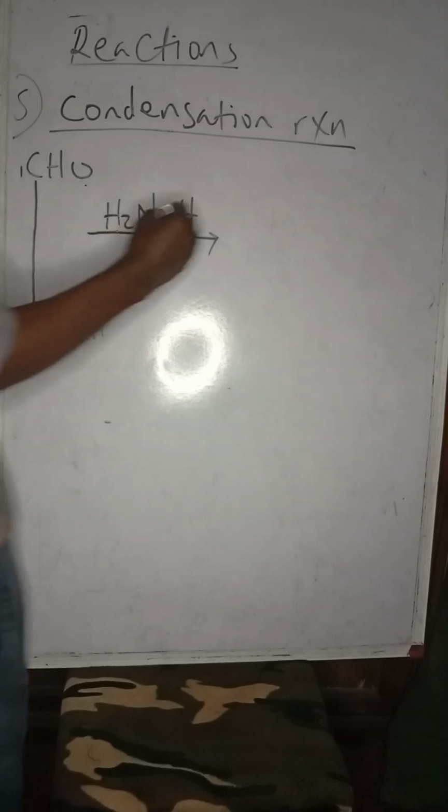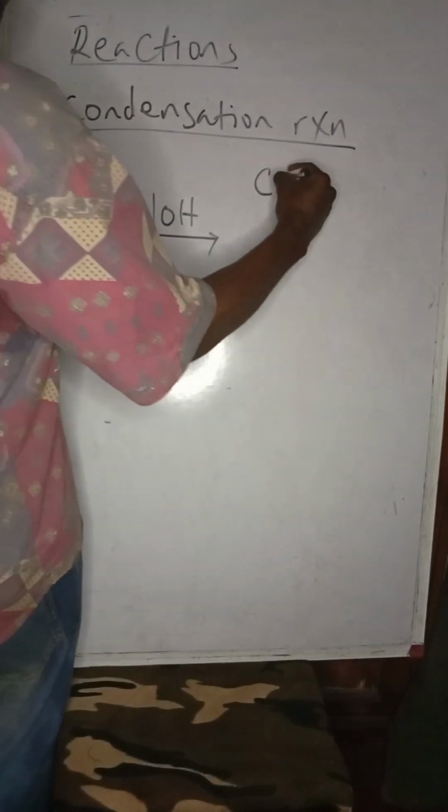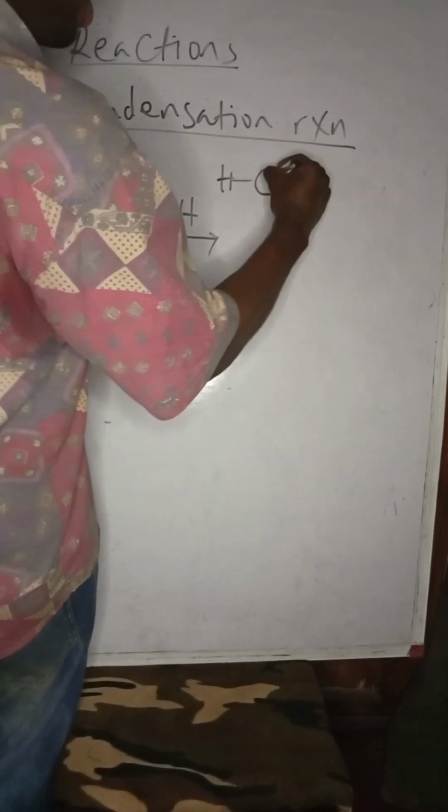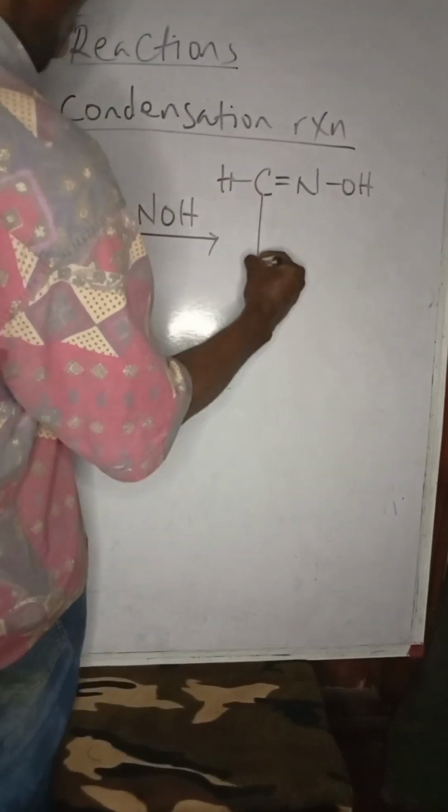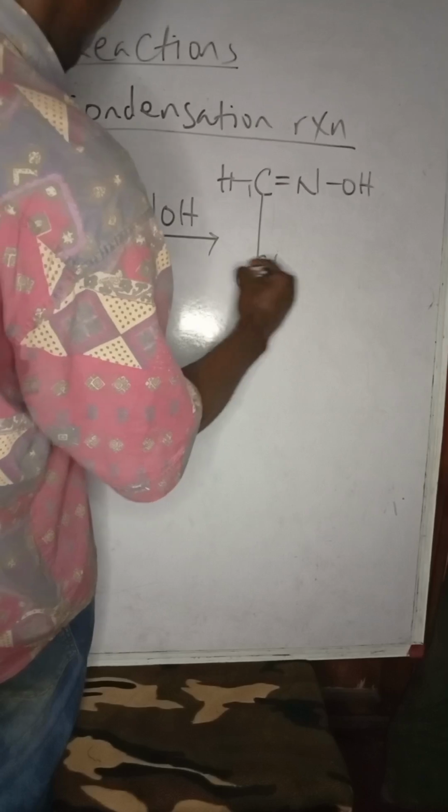So I'm going to have carbon 1, C with an H, double bond N, OH, and carbon 6, CH2OH. What is the name of this compound formed? It is called glucose oxime. So glucose plus hydroxylamine gives glucose oxime.